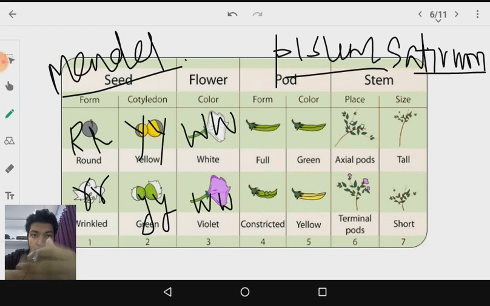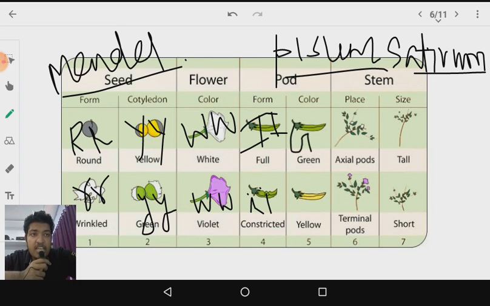Next is the pod form. If it is a full-sized form, then it is known as full, or inflated. Inflated is denoted by capital I, and constricted is denoted by small i. Green pod is denoted by capital G, and yellow pod is denoted by small g. Then axial and terminal pods.